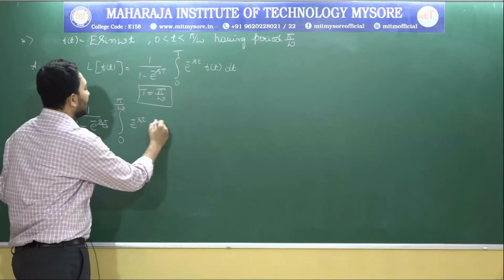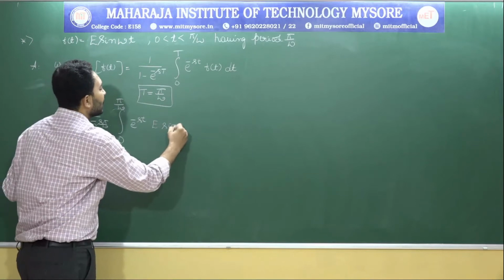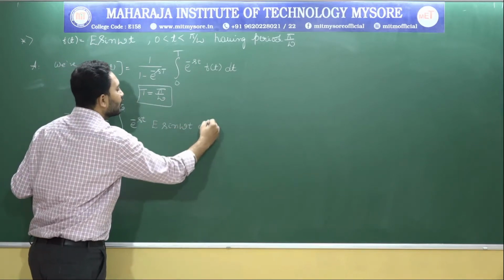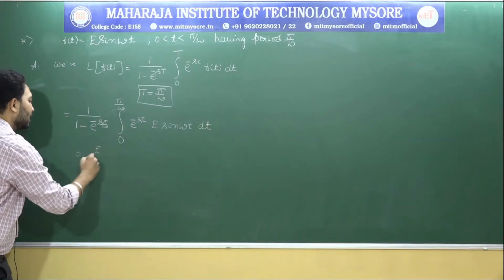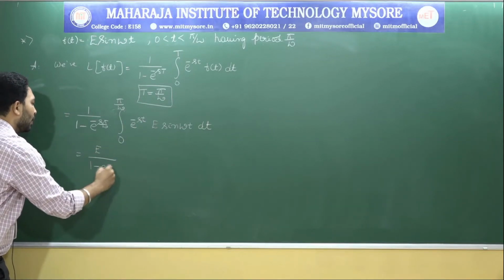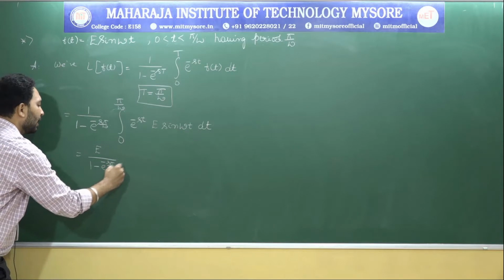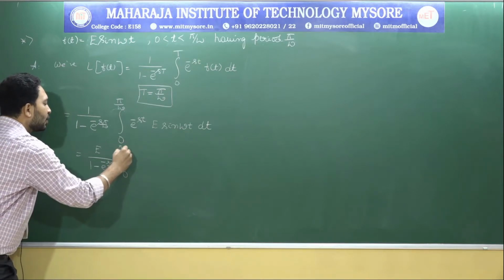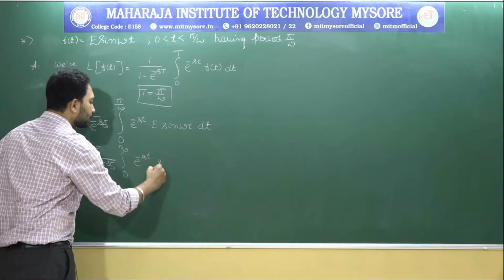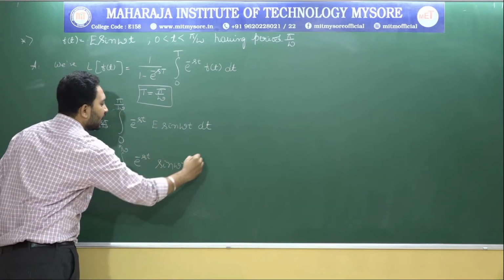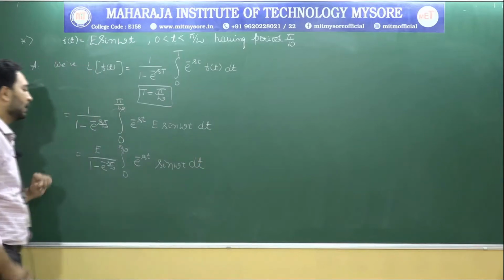What is f of t? It is e into sin omega t into dt. So take e outside, it is constant, e power minus s pi by omega integral from 0 to pi by omega e power minus st into sin omega t into dt.